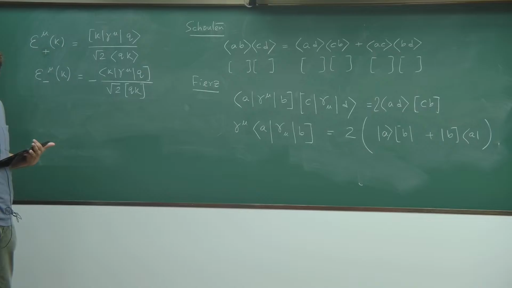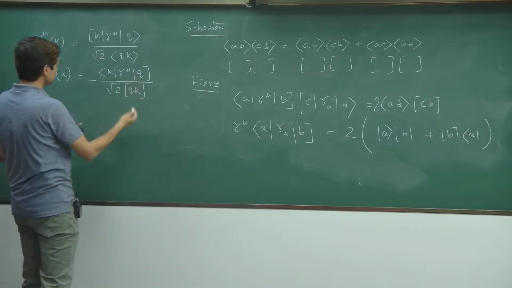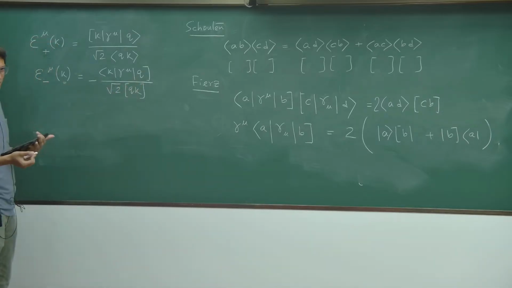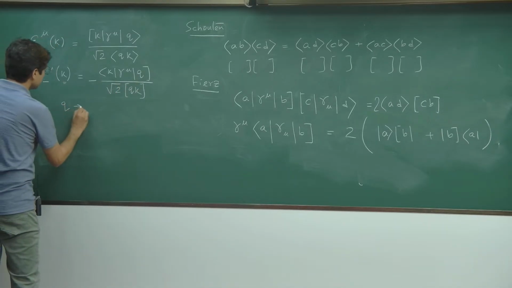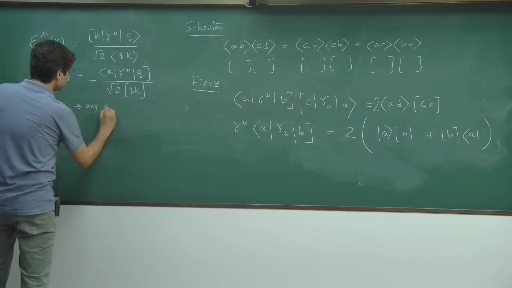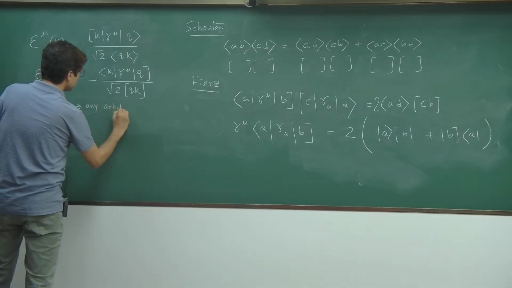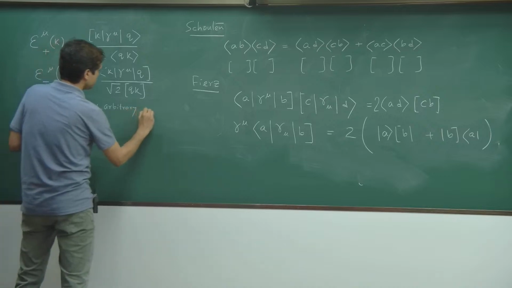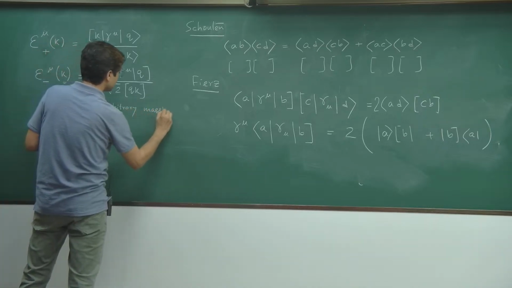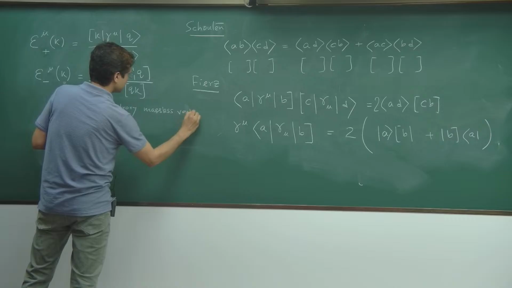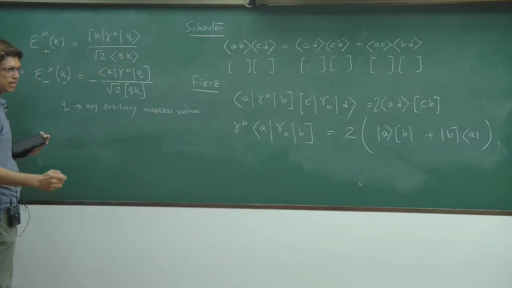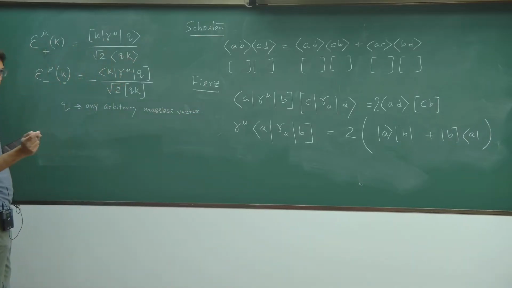Any questions here? How are you writing this polarization? What's the motivation? That we will see. What is q? Because I have only k. So q is any arbitrary massless vector, which is sometimes called the reference vector, and that is basically a strong check on your calculation.